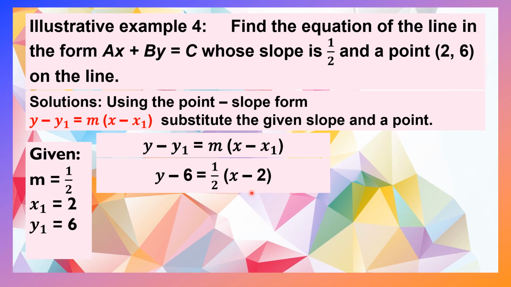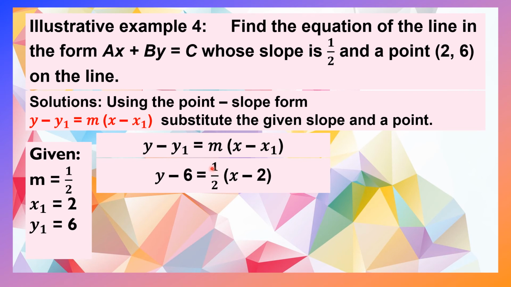So, simplifying this, kailangan nating i-multiply yung 1/2 sa x minus 2. So, since may fraction tayo, to multiply fraction, i-multiply ang numerator by numerator, denominator times denominator. We all know that all numbers have a denominator of 1. So, x minus 2 over 1 ito.